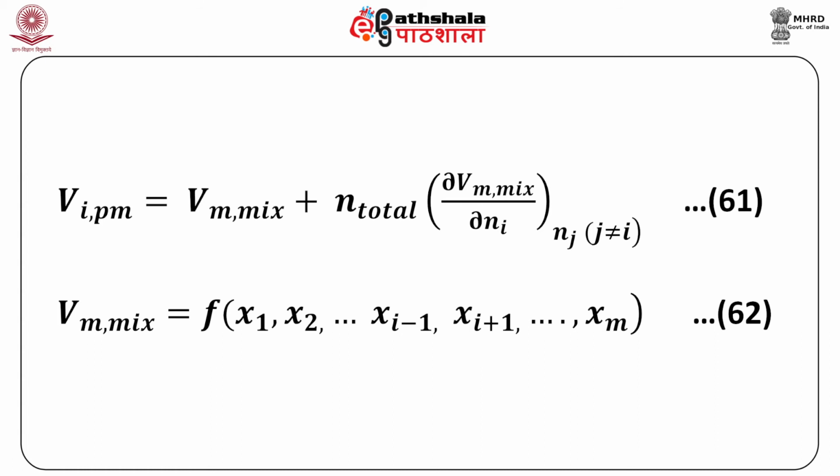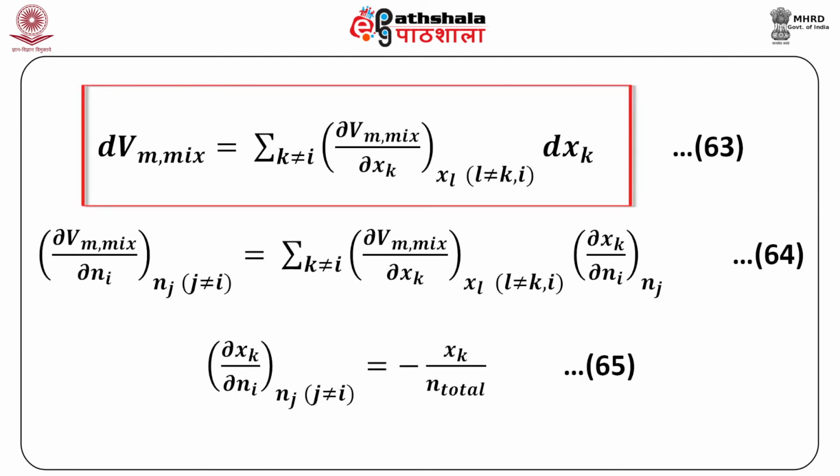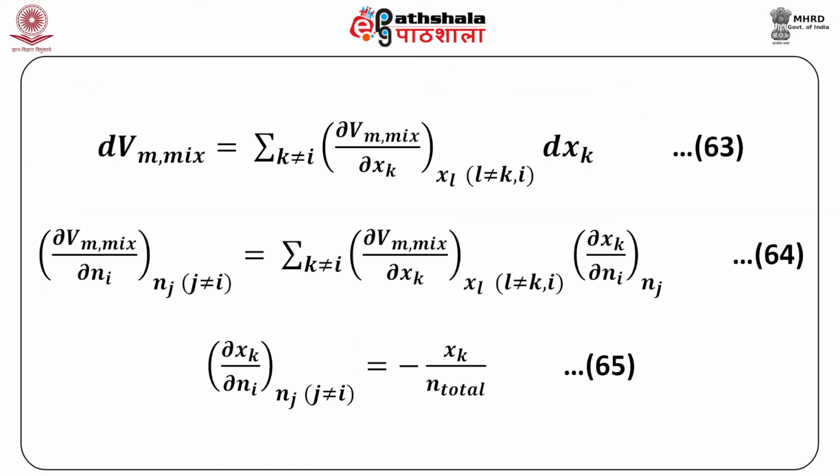This is our equation 61. Vm mix is a function of chi 1, chi 2 up till chi M, as our equation 62. dVm mix equals the summation over k not equal to i of dVm mix by d chi k at constant chi L, where L is not equal to k and i, into d chi k. This is our equation 63.